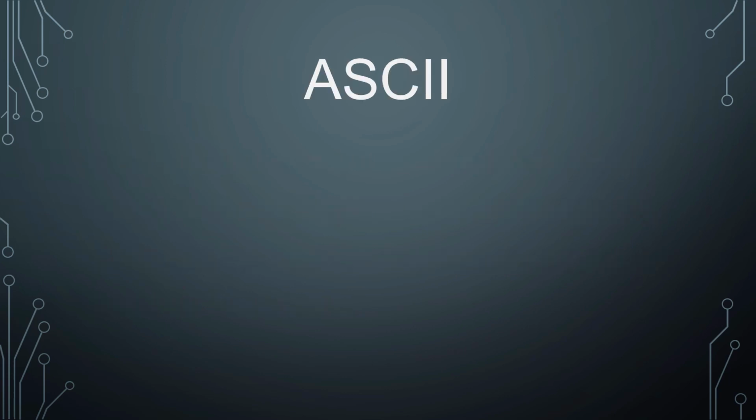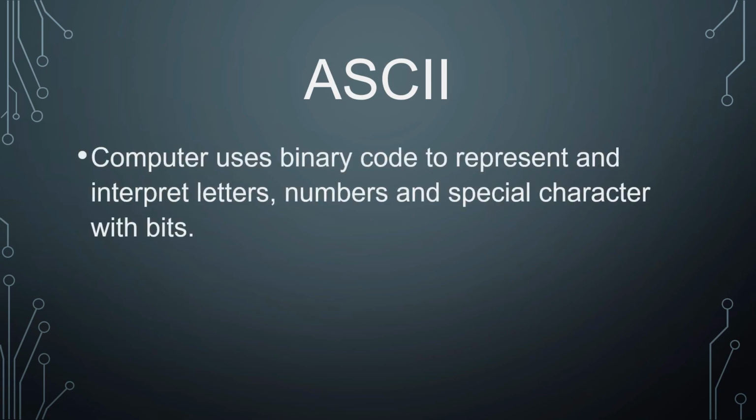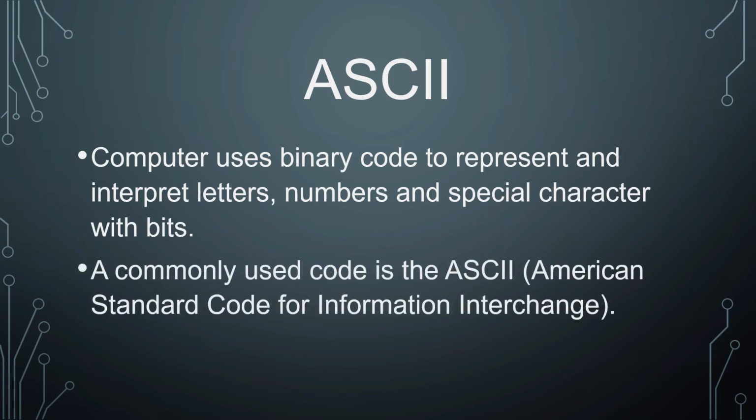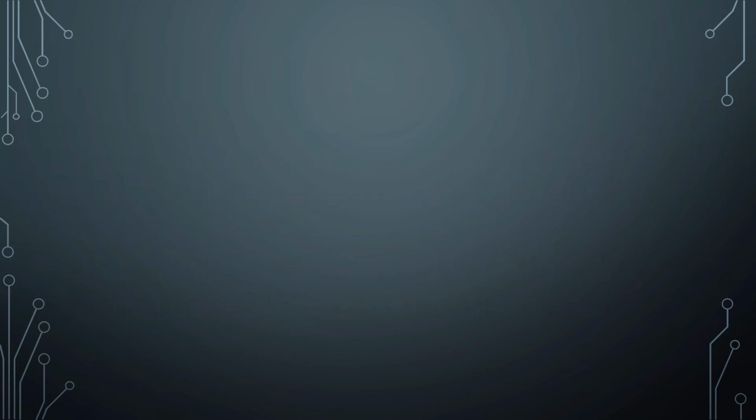The computer uses binary code to represent and interpret letters, numbers, and special characters with bits. A commonly used code is ASCII, or the American Standard Code for Information Interchange.